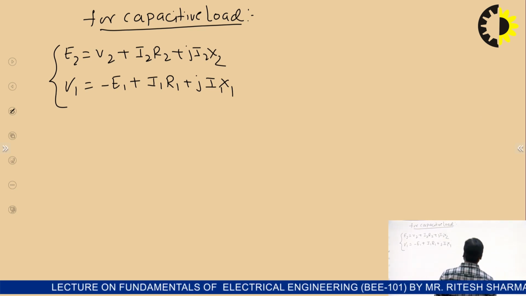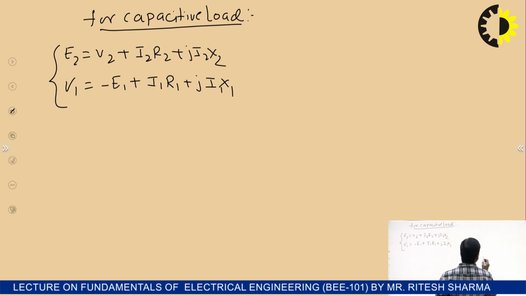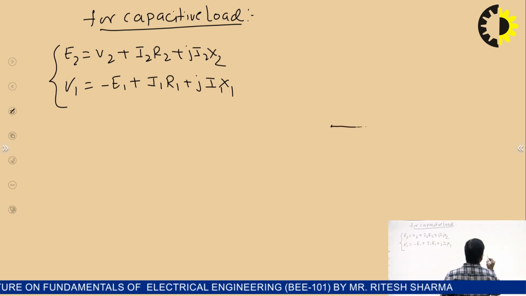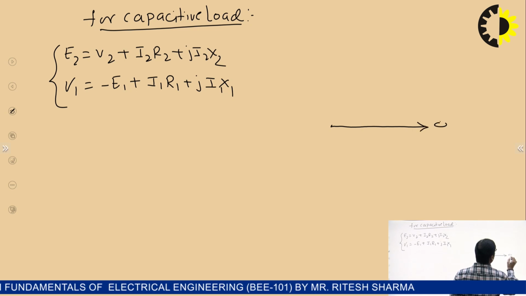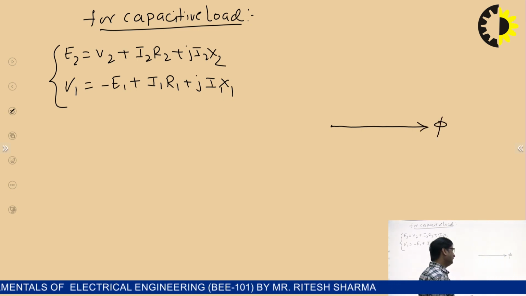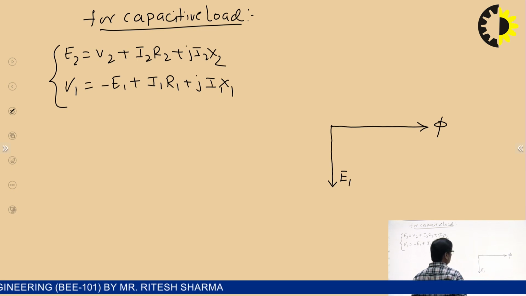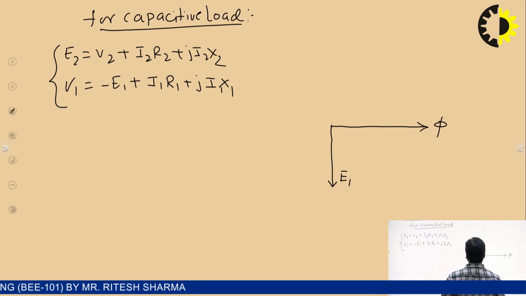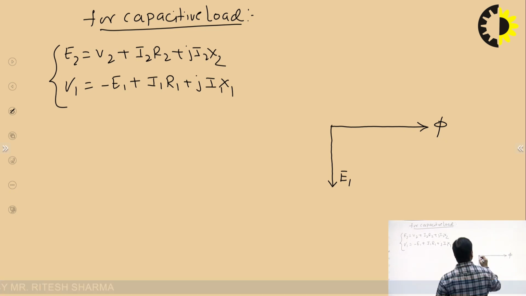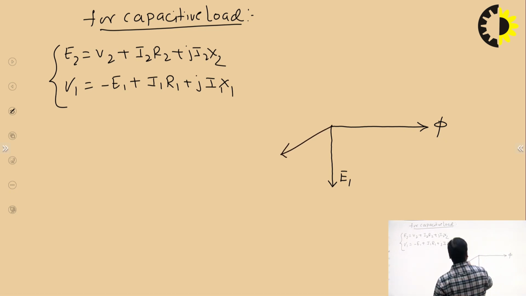So let us draw it again. First we take the flux, which you know is taken as the reference. This is the E1 induced EMF in the primary winding, and this is the voltage V2, and suppose this is the current I2.